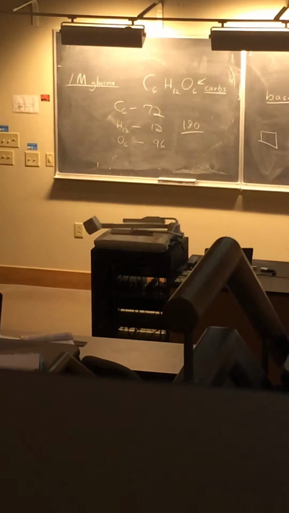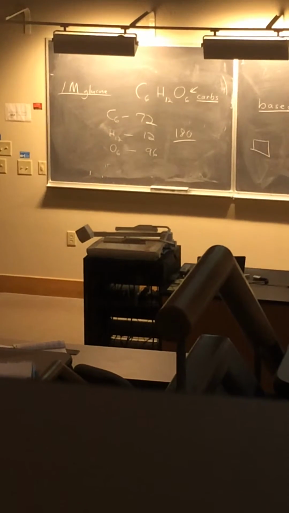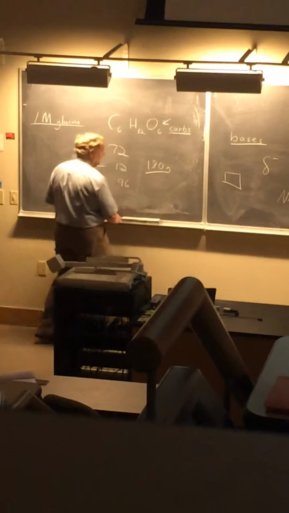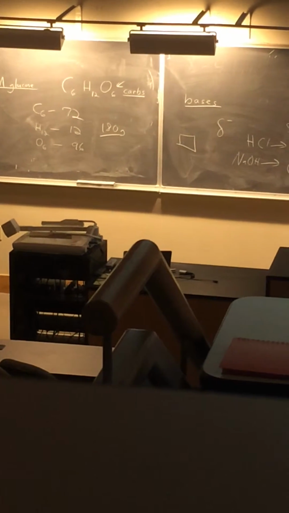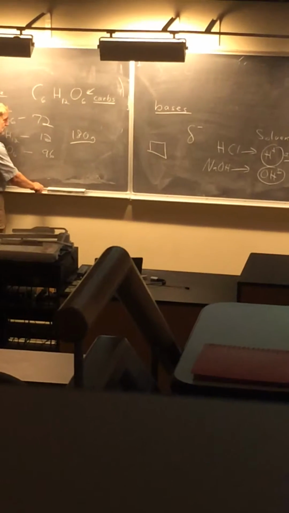It's tremendously difficult. All you have to do is put a G beside it. Instead of talking about atomic mass units, we're just talking about grams. So our gram molecular weight for glucose is 180 grams.